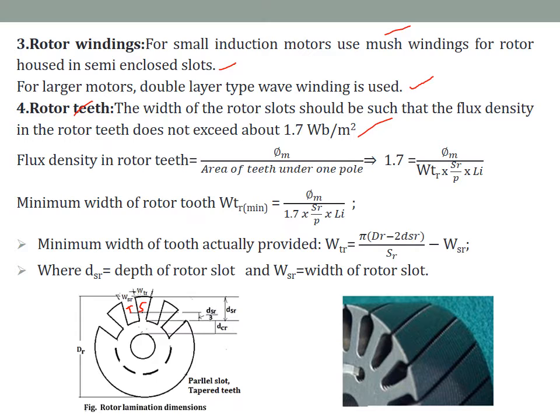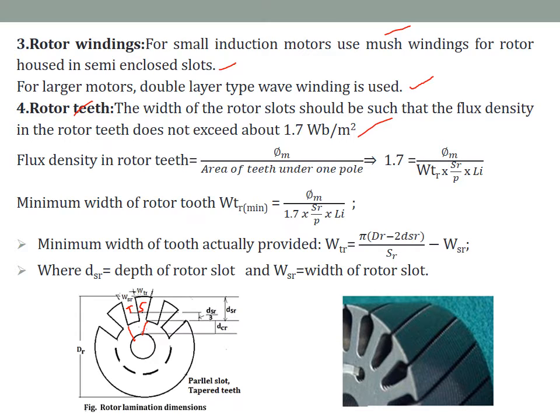Slot pitch is nothing but one teeth and one slot. If you increase the width of the slot, the tooth width will become less. Now you should see that the flux density should not exceed 1.7 Weber per meter square.